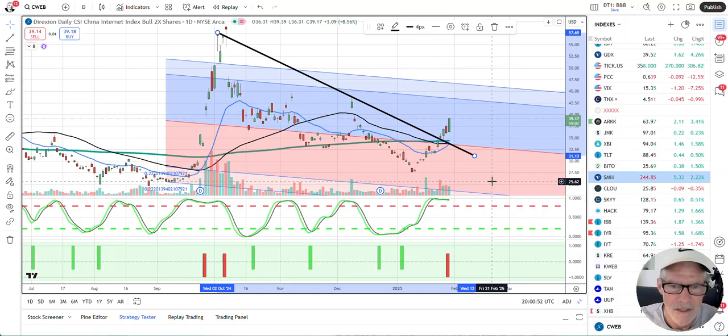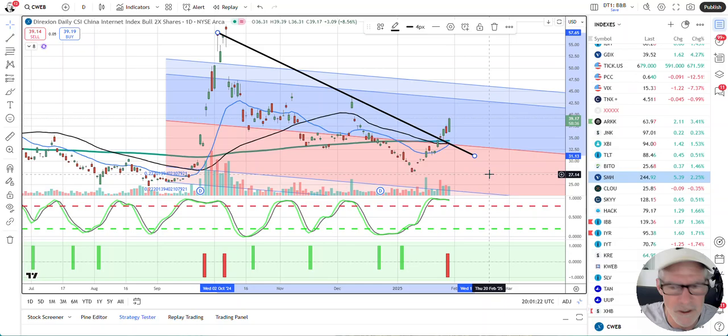But I think it's Baba, Baidu, and what's the other big one, Futu, and some others, PDD. All of those, the healthiest and strongest companies, are in this fund. So that's why I like CWEB, typically traded over YINN. But if you want more broad diversification, go with YINN. I like YINN.